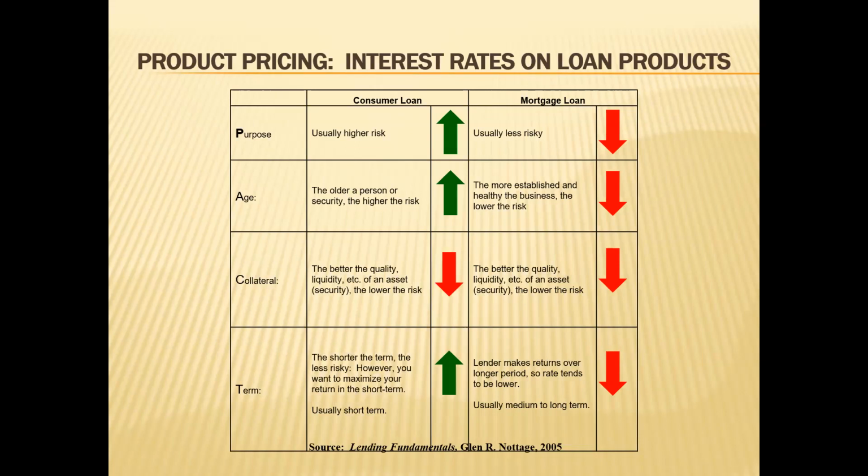On the mortgage side, we have all 4 arrows pointing downwards, indicating that mortgage loans attract lower interest rates in all 4 of those categories of PACT, okay.